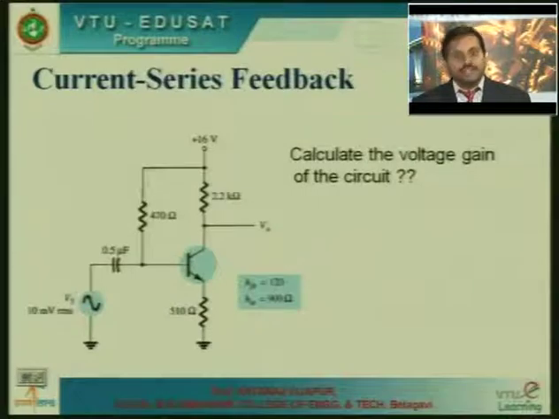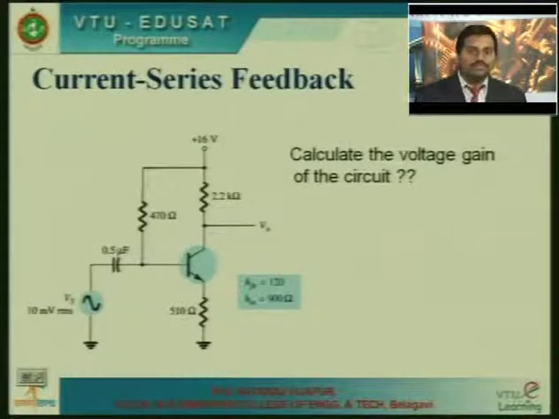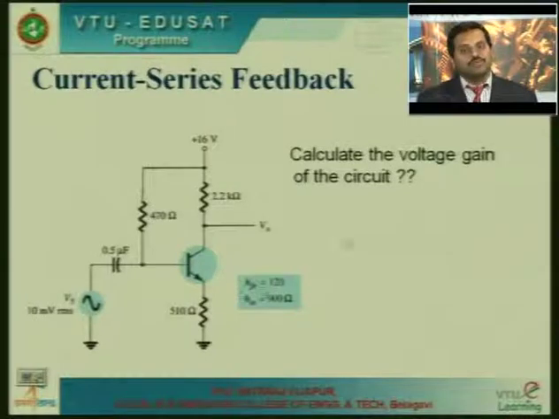Fine. So you can solve one small problem, you can note down this problem and solve it, substituting the elements. Supply VCC, a 470 ohm resistance, a feedback base resistance, collector resistance, emitter. Input voltage is given as 10 millivolts, HFE and HIE are given to you.